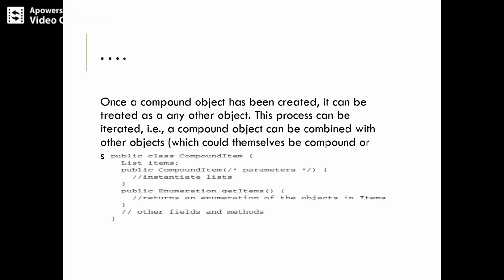We could use the following code: public class CompoundItem extends Item, with a list of items. The public constructor CompoundItem takes parameters and instantiates the list. The public enumeration getItems returns an enumeration of the objects in the items list. Since this list consists of both simple items and compound items, it seems logical that all the entries stored in items are declared as belonging to the class Object.